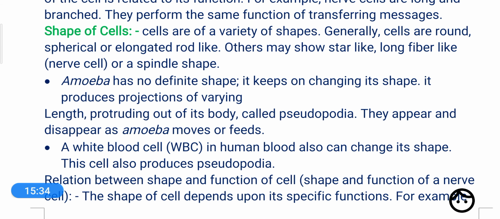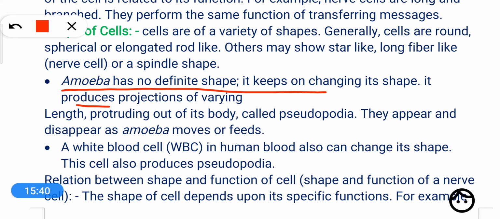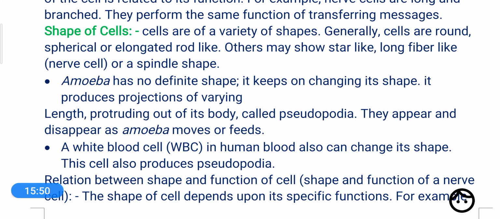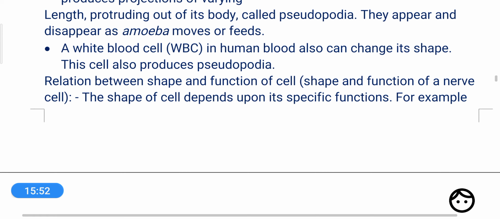Okay, the longest animal cell is the nerve cell. And if we talk about the shape of the cell, then amoeba does not have a fixed shape, it keeps changing its shape. It makes pseudopodia, right? And WBCs also change their shape. Okay, and the shapes may be different in different cells depending on their functions.